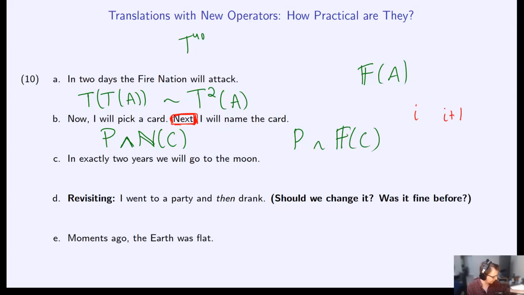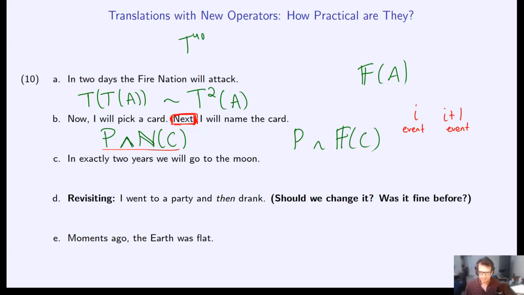Here's one event and here's the next event. So at the first event, I will pick a card. At the next event, I will name the card. And then our translation, P and next C, is a little better. But again, there are two ways to translate this, depending on which system you use, and both are pretty viable.